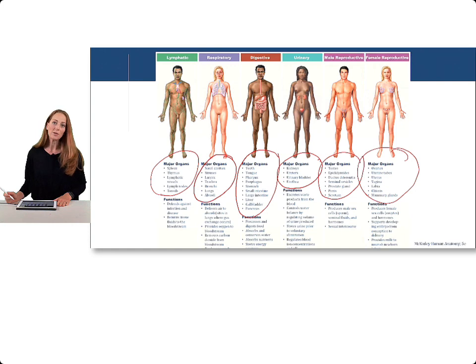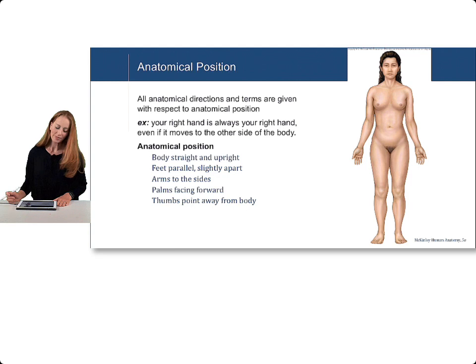And then major organs for the female reproductive system, the ovaries, and then the tract from the ovaries, uterine tube, uterus, vagina, and then the external female genitalia, which are the structures of the vulva, the labia, and the clitoris. And then often when we discuss the female reproductive system, we will also talk about breast tissue and the mammary glands. So those are the 11 major organ systems.